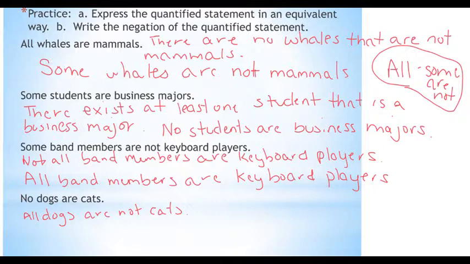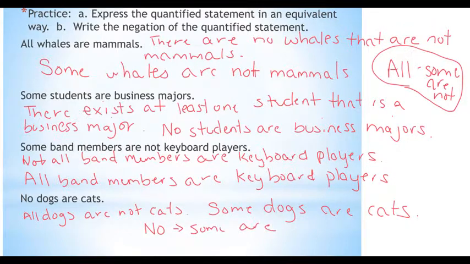And then the negation would be some dogs are cats. And if you'll notice with the no and the some are, that's how we write the negation. So no A are B, when you negate it, is some are.